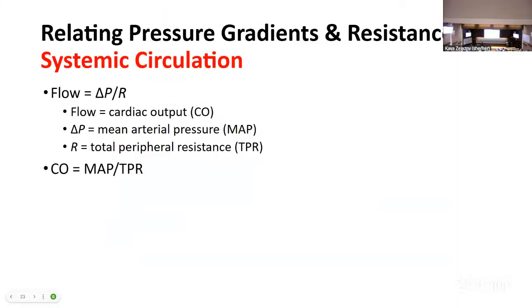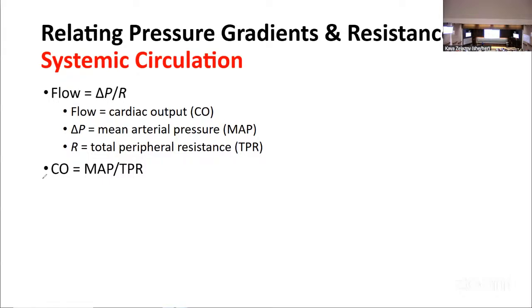Okay. So here's where our cardiac output comes into play, okay? So if we want to put in actual physiological values for our flow equation, right? We've got our mean arterial pressure minus our CVP, but that's basically 0, so we're going to ignore it for our purposes.